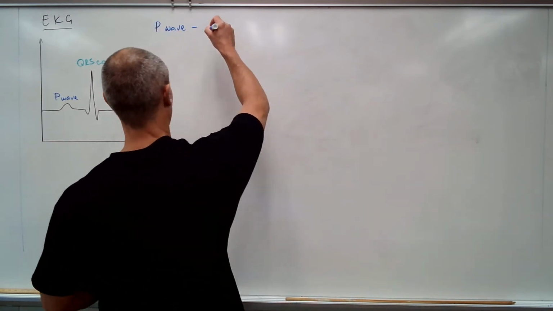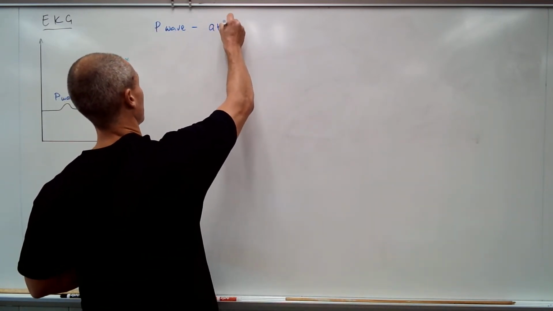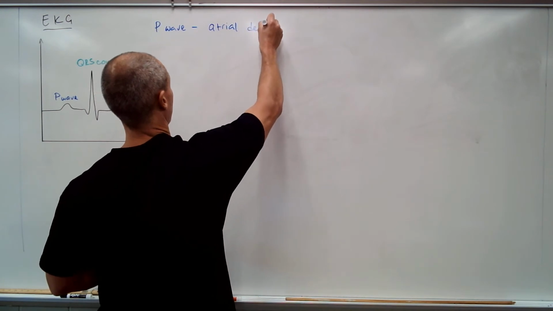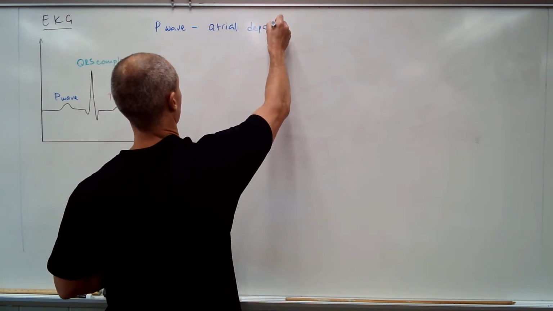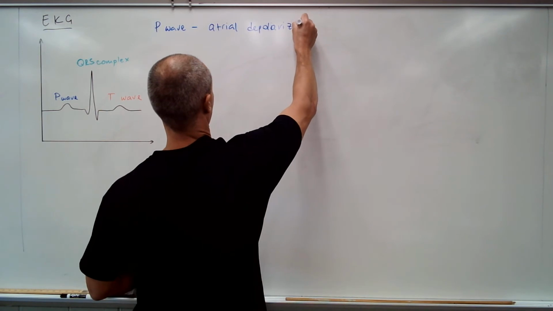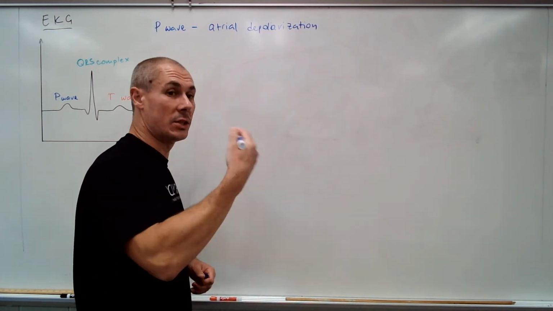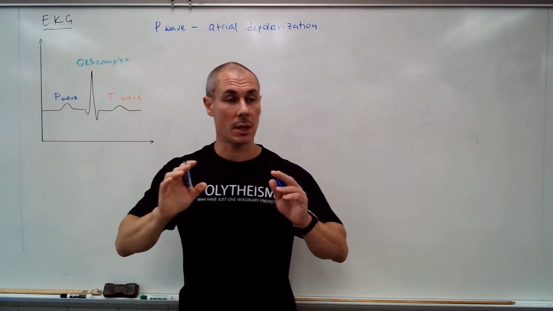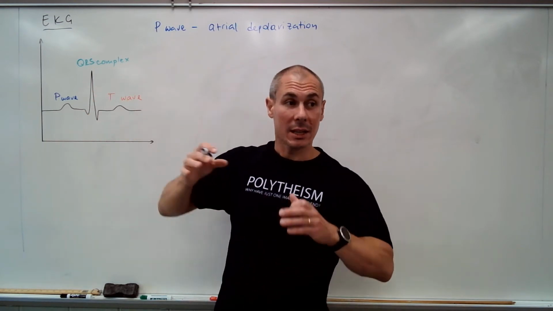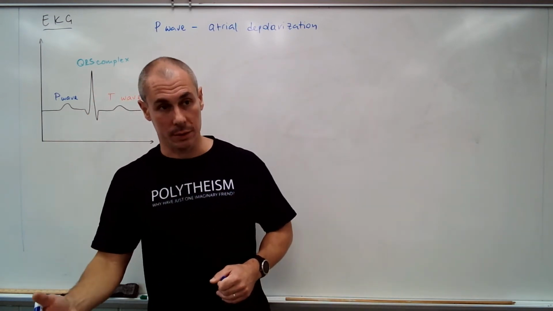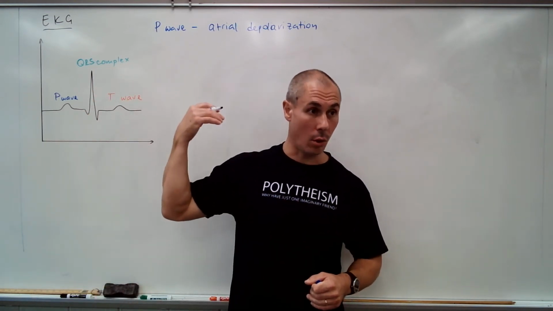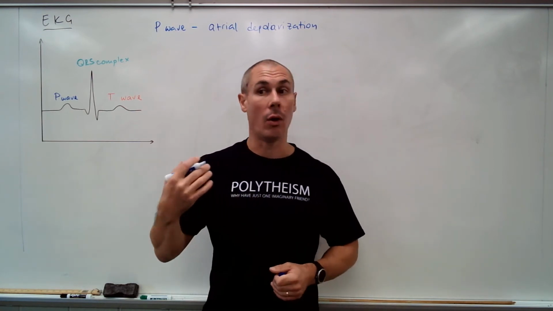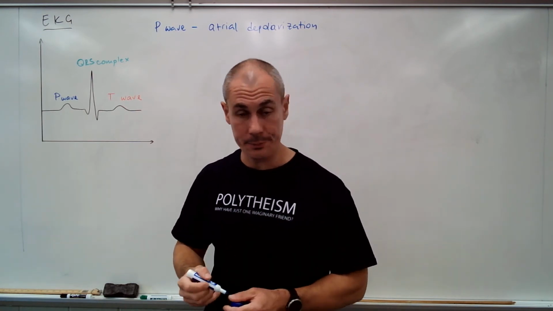And this is the moment of atrial depolarization. Now, listen up. It's not the whole process, it's the beginning of atrial depolarization. So I drop here the beginning of it, okay?